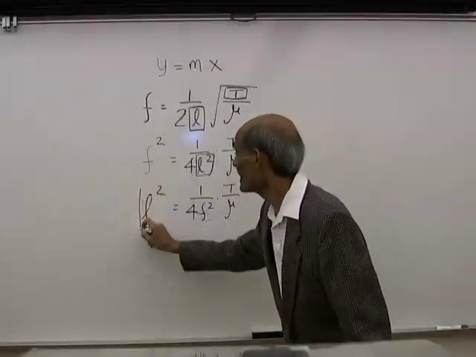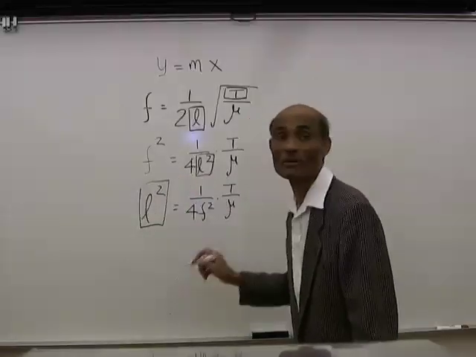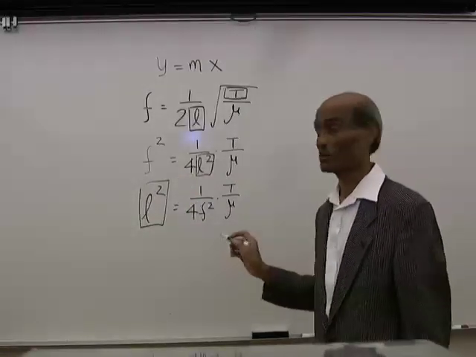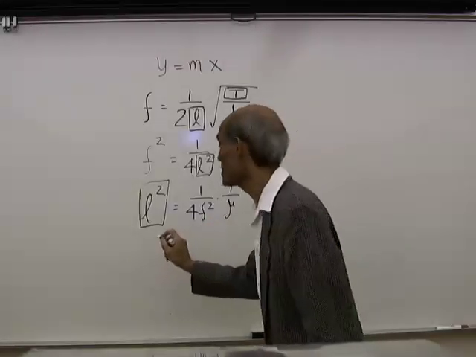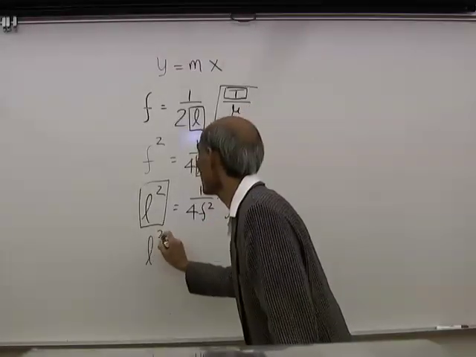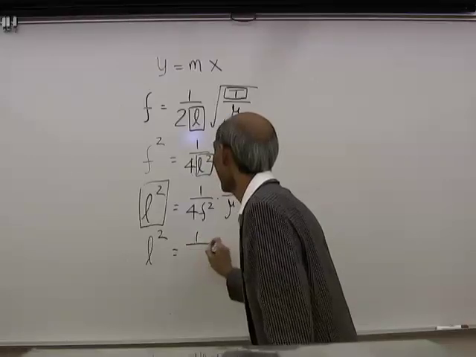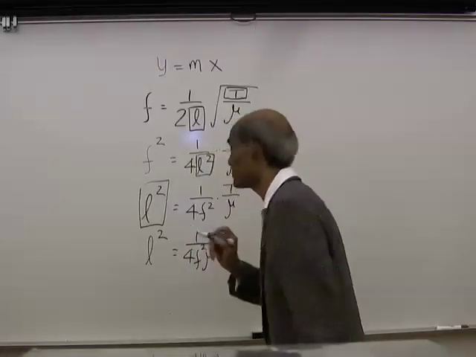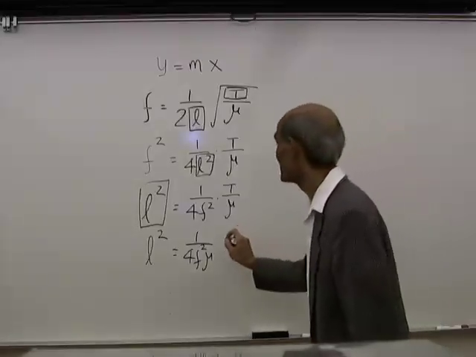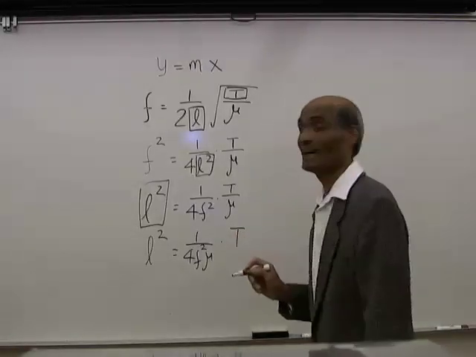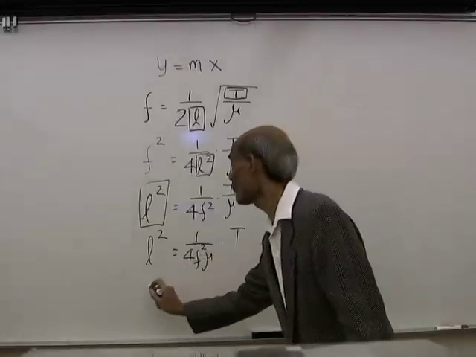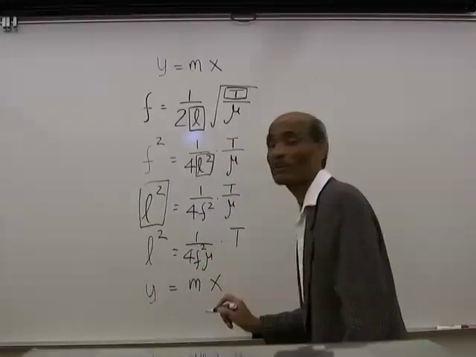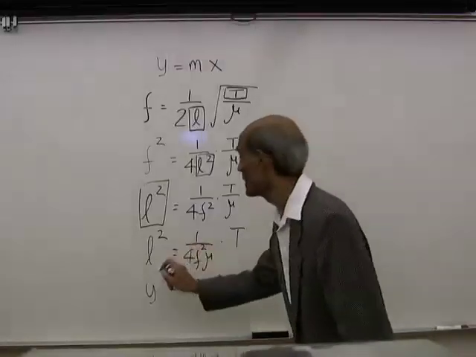So, you got L squared a variable and t is another variable. And so, look at the way I'm going to rewrite the equation. I have L squared equal to 1 over 4f squared mu, I put it all together, times t. And now, this is of the form y equal to mx. What is my y?